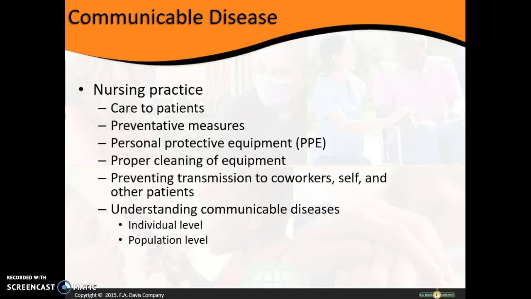And why is communicable disease an important thing for us to focus on? We're caring for patients. We have a great opportunity to make sure that they don't have debilitating or life-threatening conditions that result from communicable disease. If we can institute preventive measures that help less of the population be affected by these diseases, great.